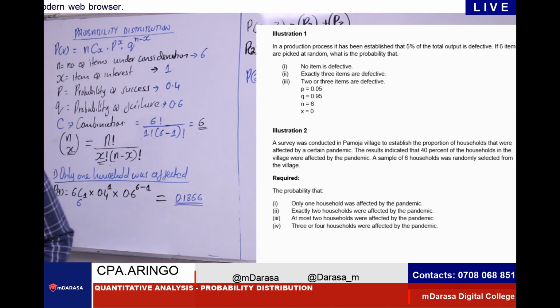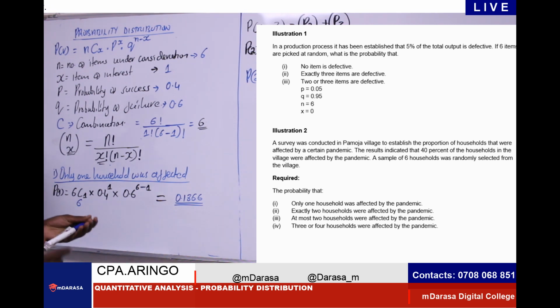We proceed to the second part. What did the good examiner ask us? The examiner asked for the probability that exactly 2 households were affected.